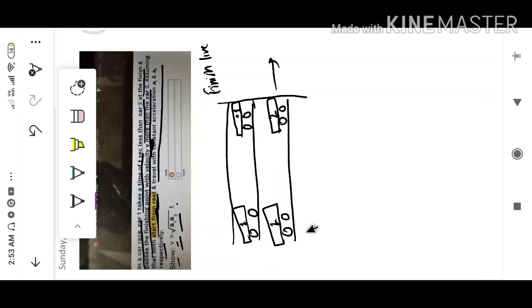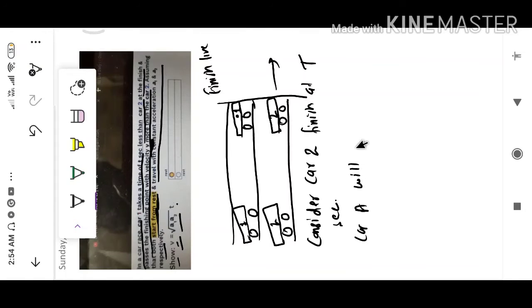Let's assume car 2 finishes at capital T seconds. Therefore car 1 will finish at T minus t.